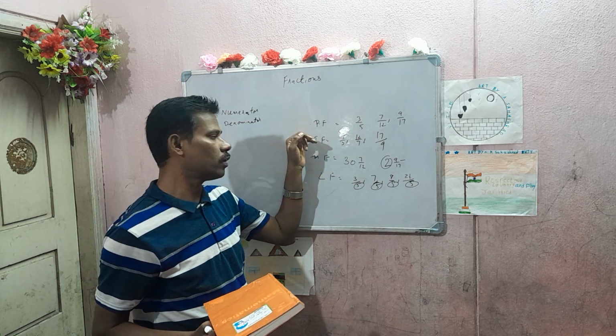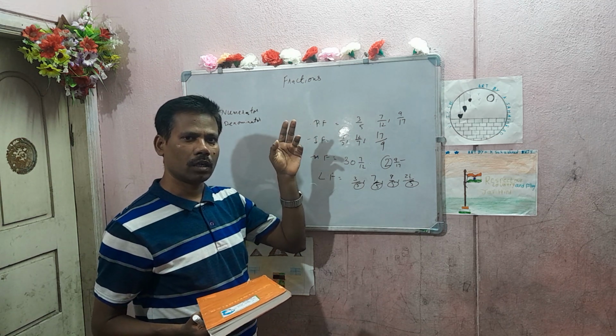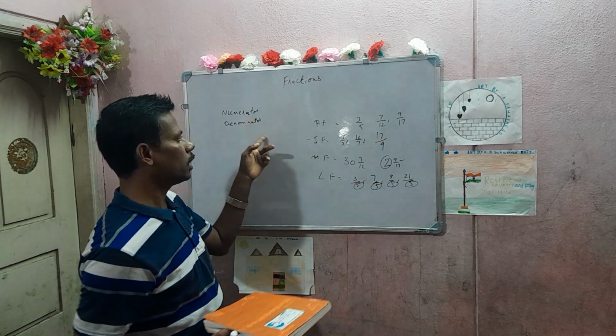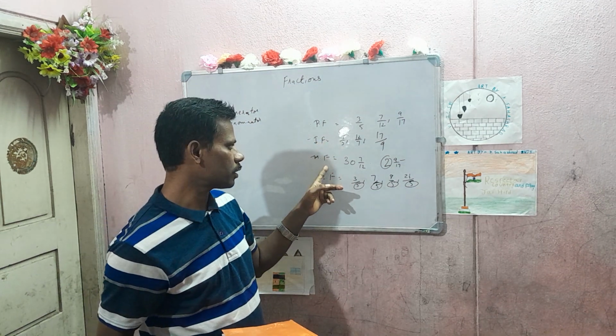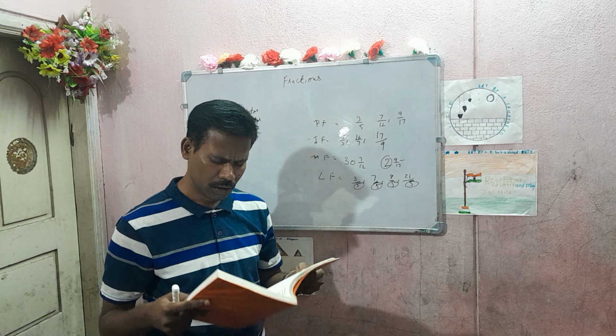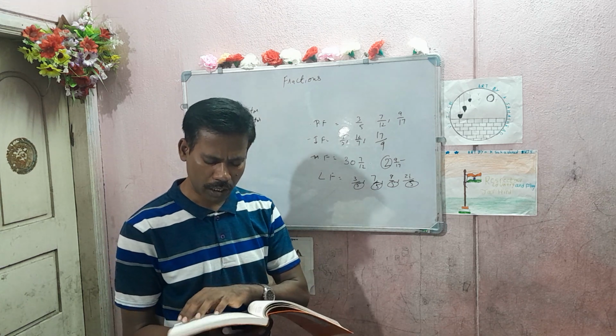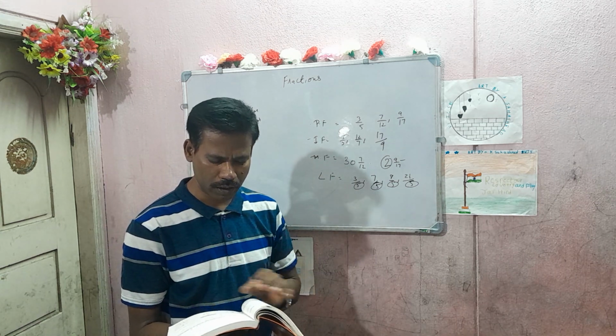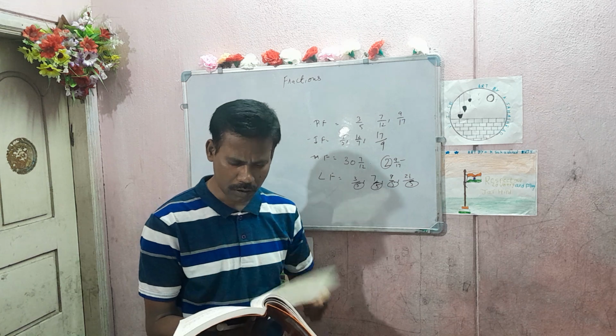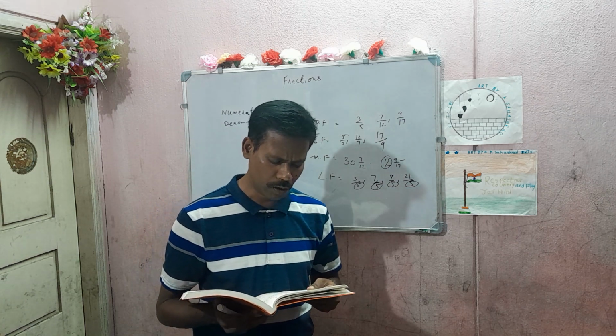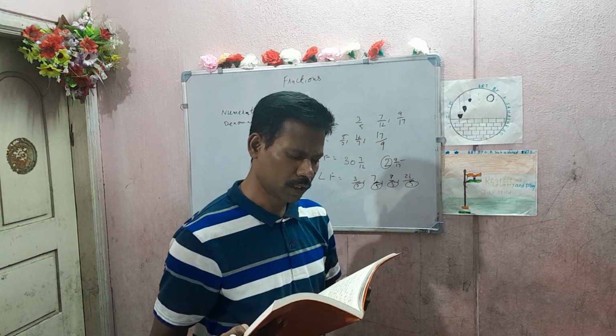Examples I have given, and how to write the numerator and denominator clearly explained: proper fraction, improper fraction, mixed fraction, like fractions. In the next class we will discuss unlike fractions and equivalent fractions, but now let us concentrate on doing problems.